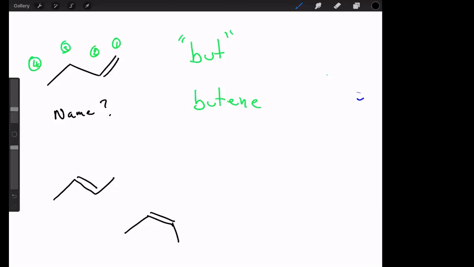And so the thought is, one, you have to specify the location of the double bond, and you have to specify the stereochemistry. Remember, there is no free rotation around a double bond.